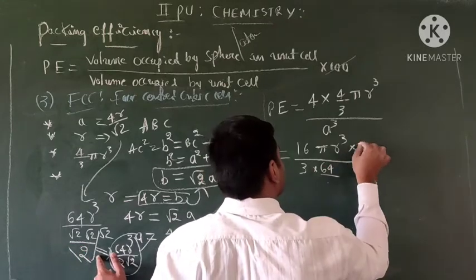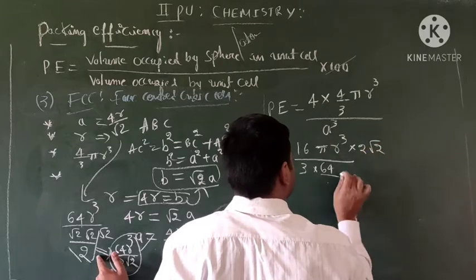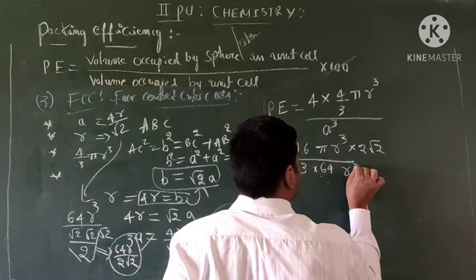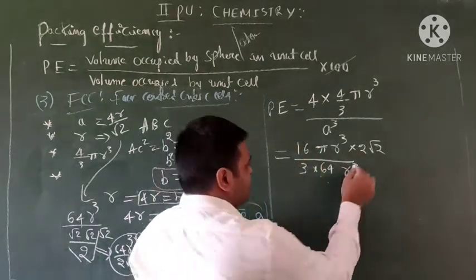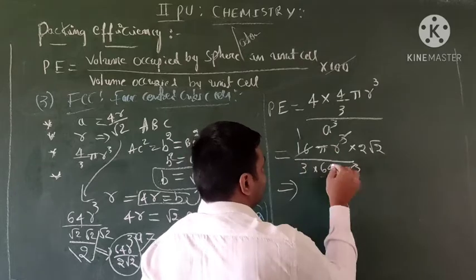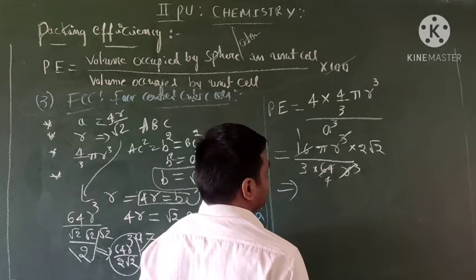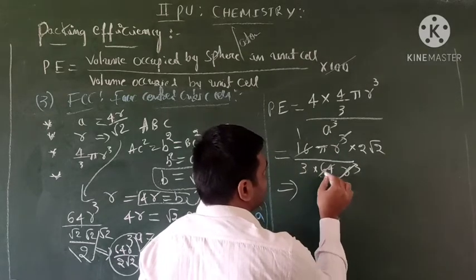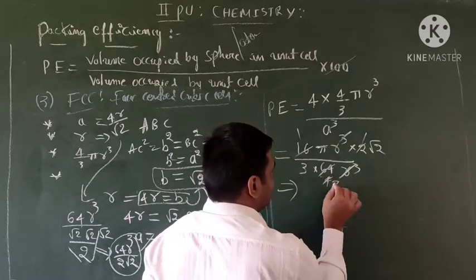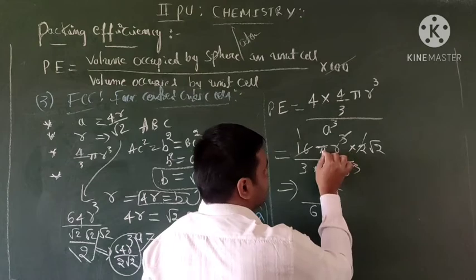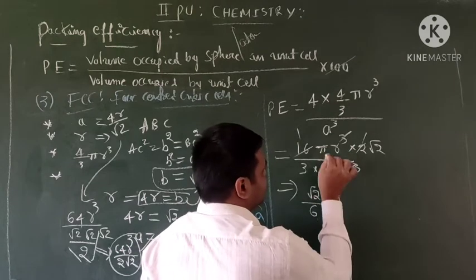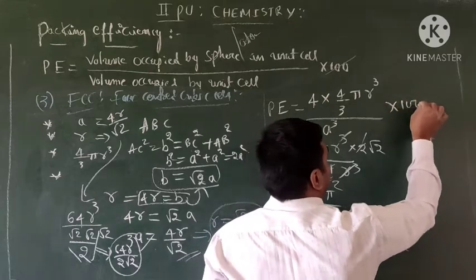You can write 2 root 2 here, then r cube. This is simplified. Then r gets cancelled, forming 16; ones are 16, fours are 16. Next, 2 ones are 2, twos are 2. 3 into 2 is 6. Then the remaining terms are root 2 and pi.